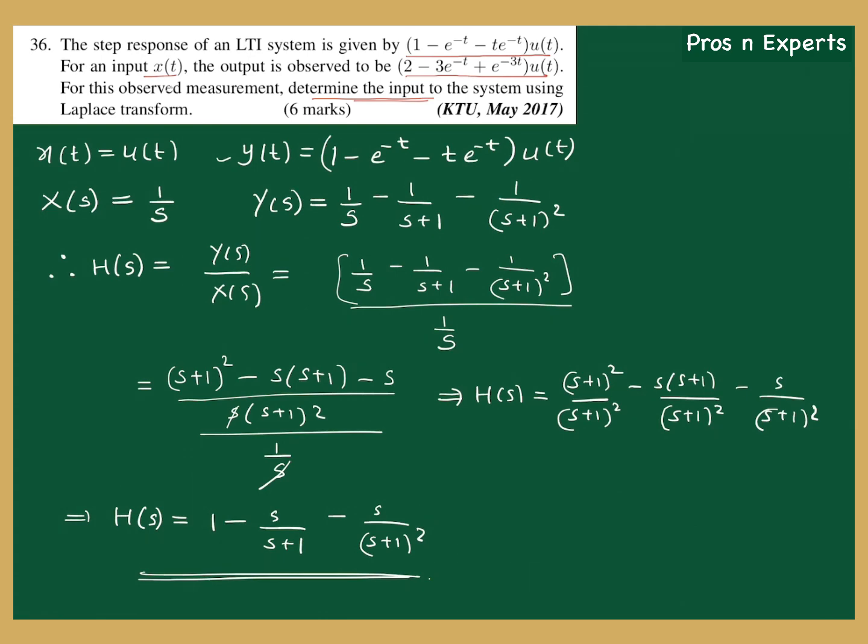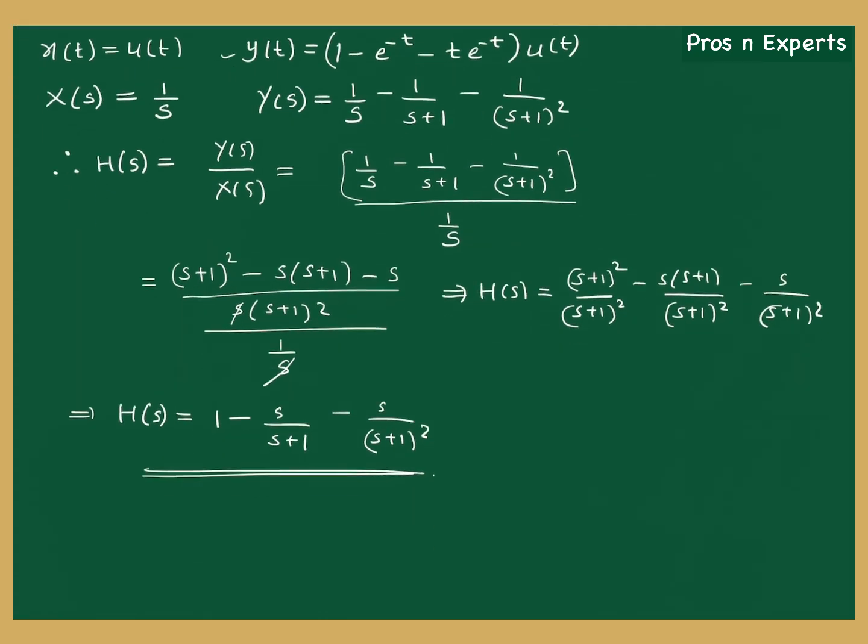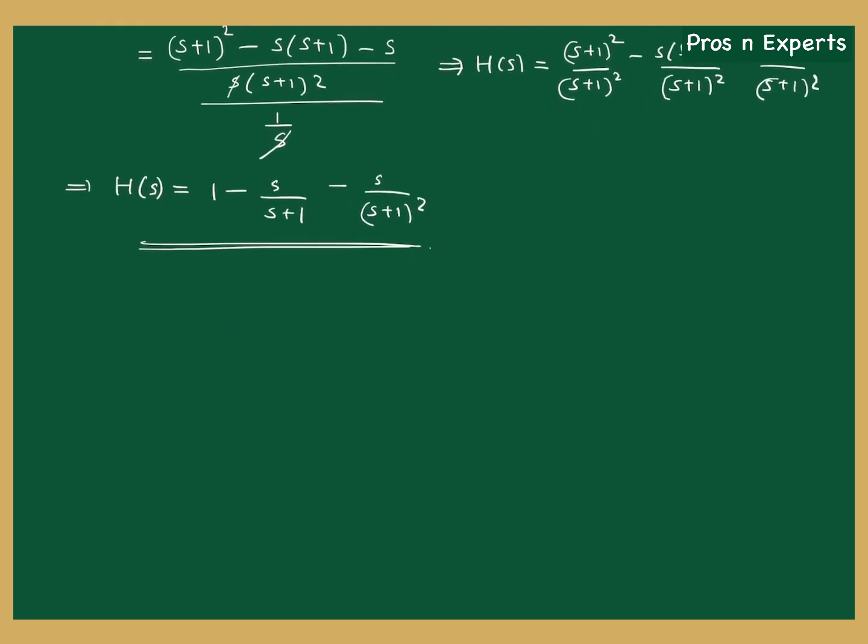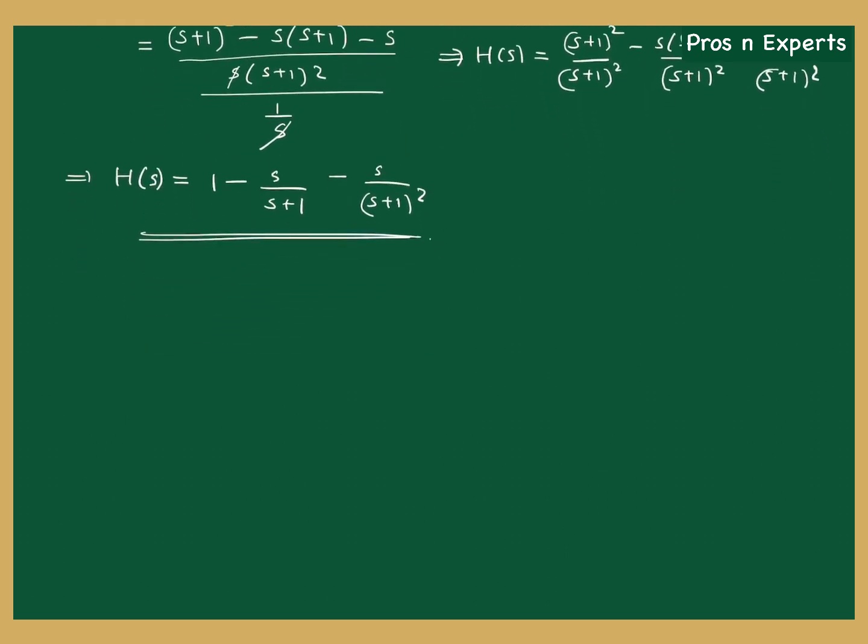Okay, now we will consider the second case where another input is given. Another input x of t is given, and the output observed in the question, if I'm right, was 2 minus 3 e raised to minus t plus e raised to minus 3t into u of t.